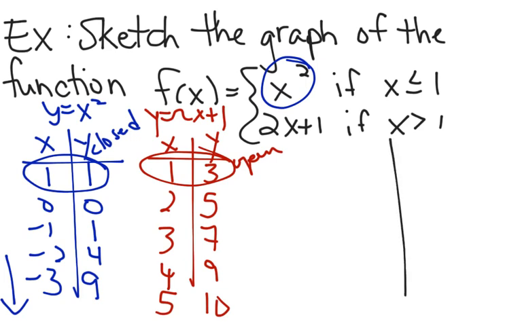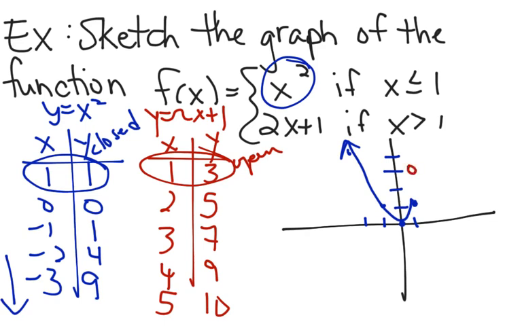So now when I go graph this, I start at 1, 1 with a closed circle, and then I graph 0, 0, -1, 1, -2, 4, and so on and so forth. So the graph looks like this. The red graph goes through 1, 3 at an open circle, and then 2, 5, and then 3, 7, and it's going to go up like this.